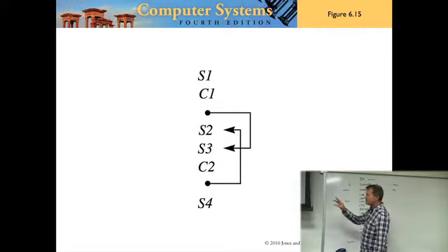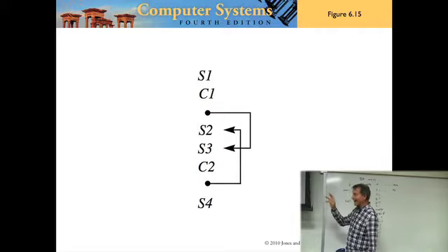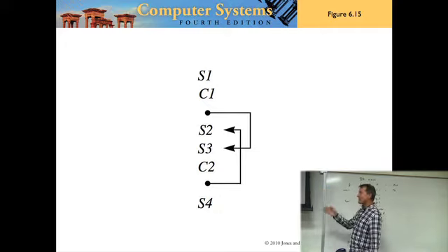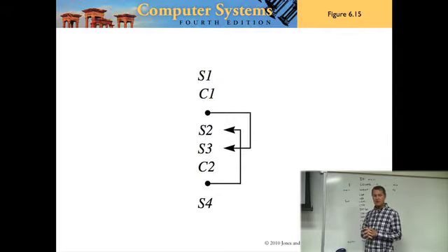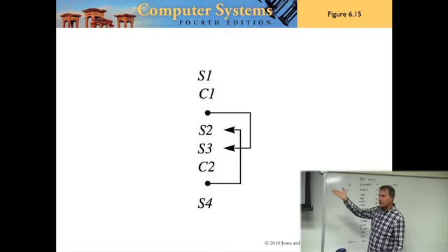Okay, but now what does figure 6.15 represent? Figure 6.15 represents the following. If we're not talking about compilers and how compilers translate loops and if statements, do you see that if you just write straight in assembly language, there's nothing to prevent you from writing code like this figure 6.15?